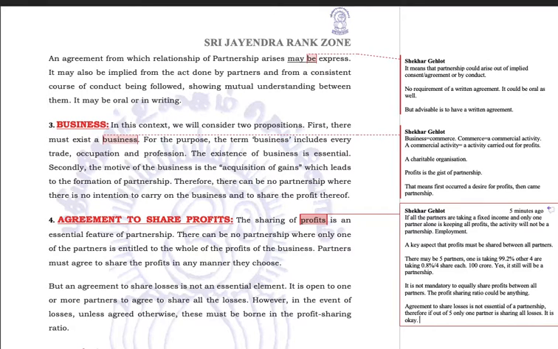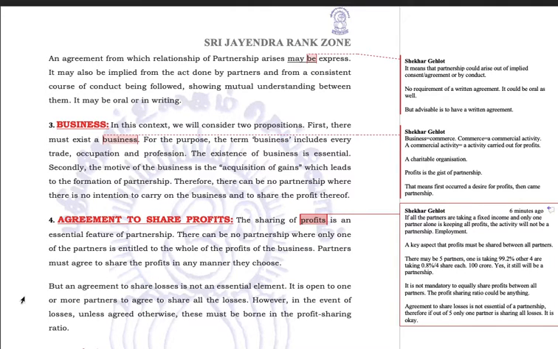The profit sharing ratio may be anything. We are not concerned about the ideal profit sharing ratio at all. But an agreement to share losses is not an essential element. It is open to one or more partners to agree to share all the losses.